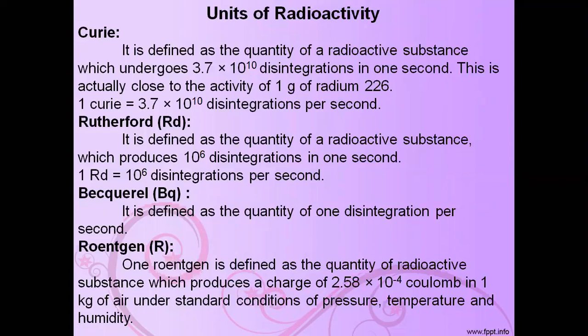The next one is Rutherford. It is defined as the quantity of a radioactive substance which produces 10 power 6 disintegrations in 1 second. So Rutherford is also a unit of radioactivity.